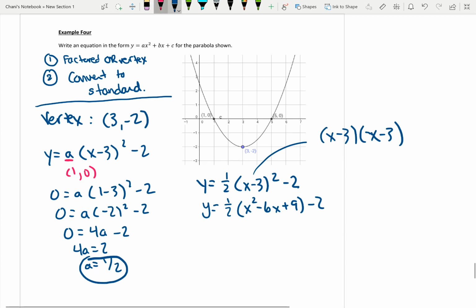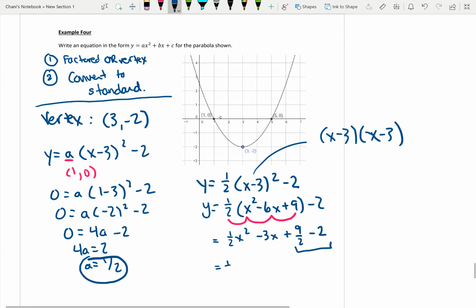Now this half is distributed to this bracket, but not to the -2, since that's not part of the bracket. So I get a half x squared minus 3x plus 9/2 minus 2. Now I just need to collect these like terms.